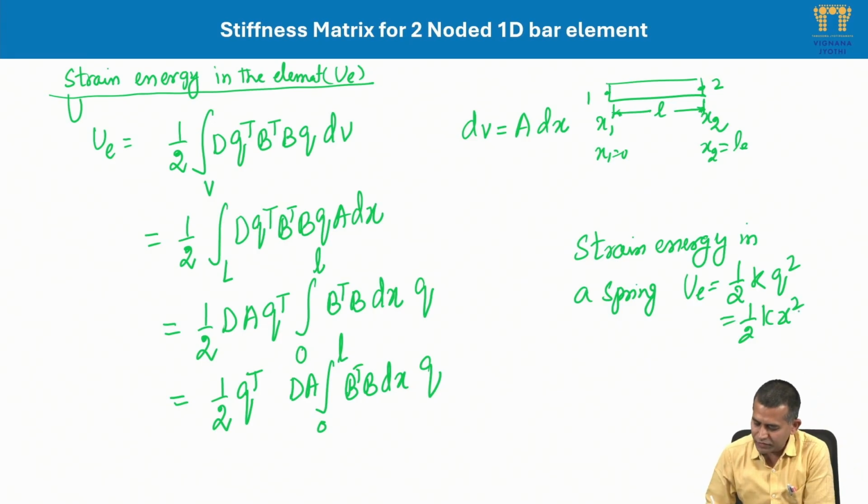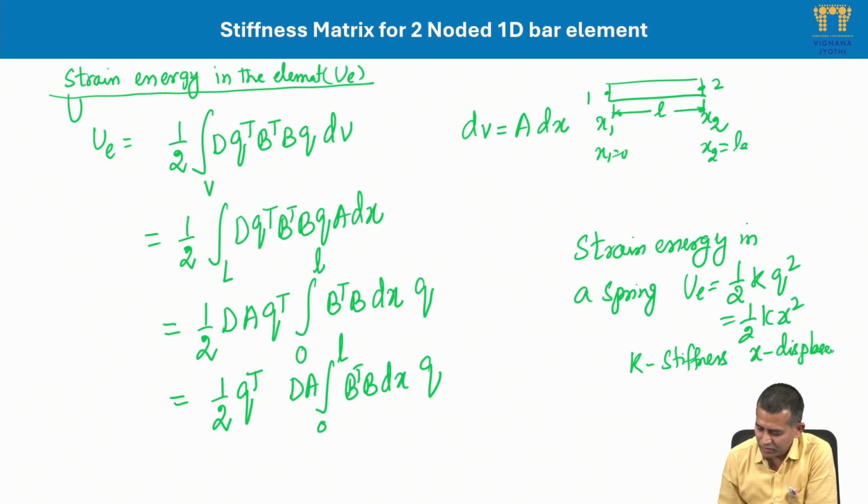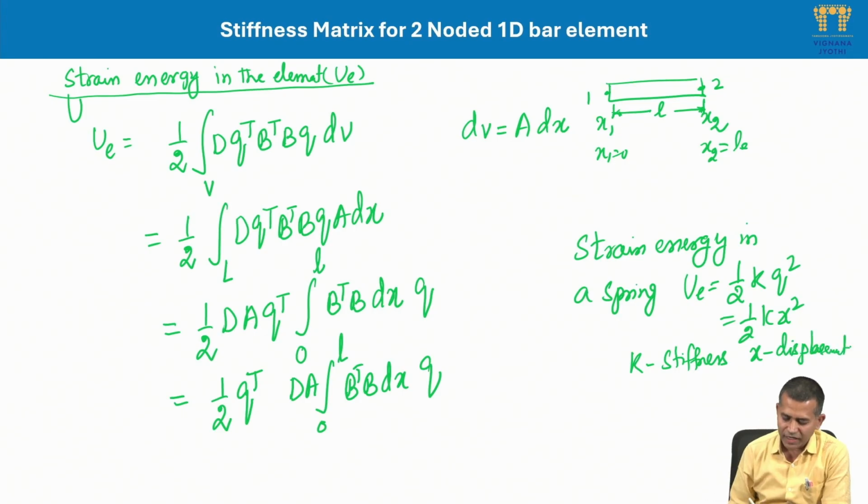So half k x square, and what is this k? K is basically your stiffness and x is basically your displacement. And if you can correlate that expression which we have here with this one, both are similar.